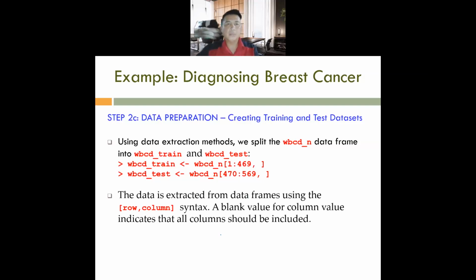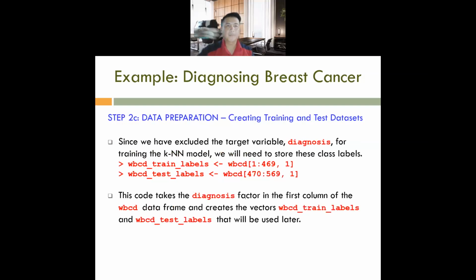Okay, the next step is we divide the data into training and testing. So we will take row number 1 up to 469, and then the remaining will be your testing. And also we will look at the first column.